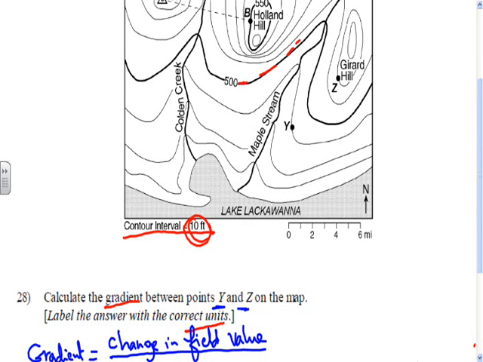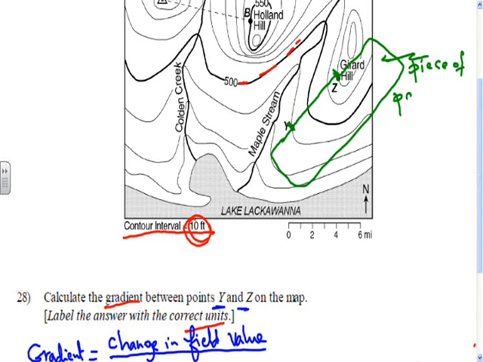First of all, I need to take a piece of paper and put it right here, and you mark Y, you mark Z on the map.